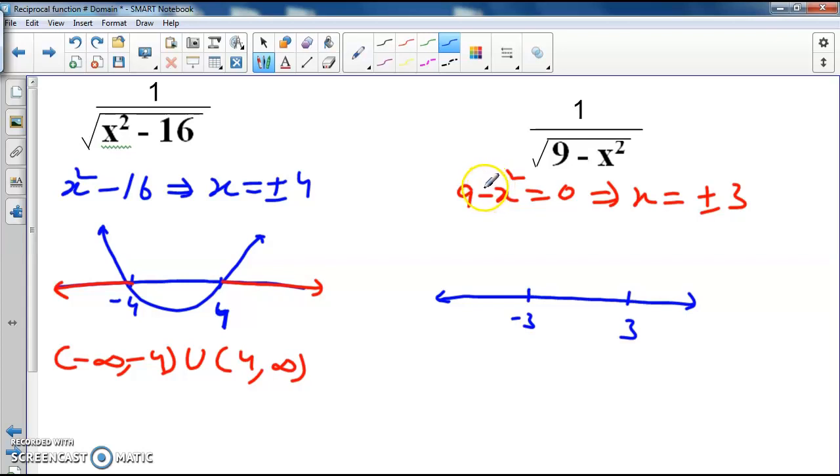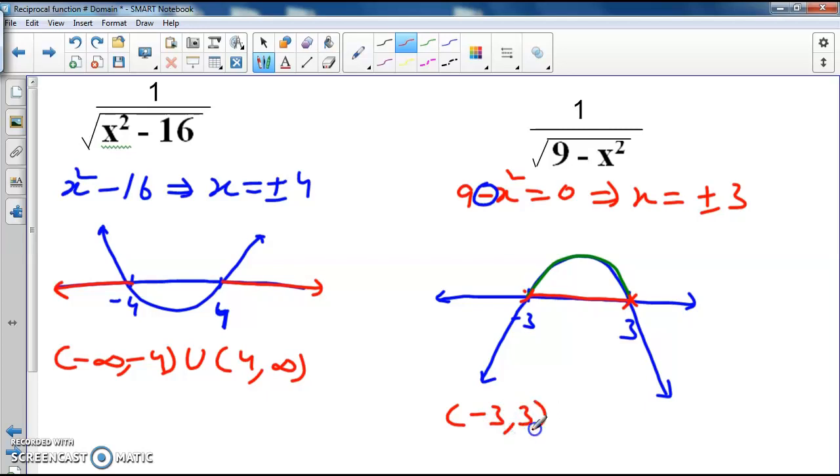In this case, the coefficient of x square is -1, so it will be a downward parabola. And as we can see, the graph is above the x-axis for values from -3 to 3. At -3 and 3 it is equal to 0, so we discard these 2 points. So the domain of the given function is -3 to 3 open interval.